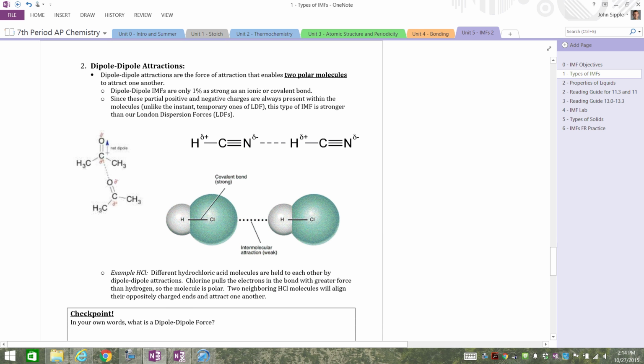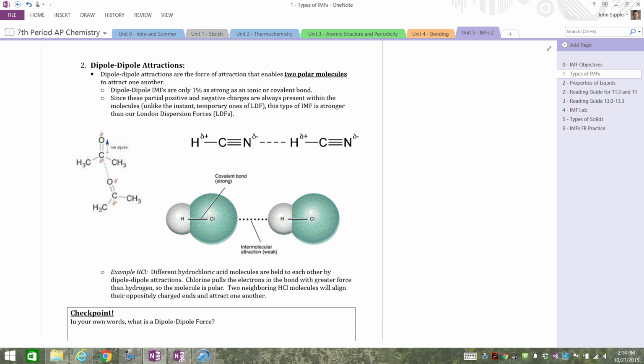Okay, next strongest intermolecular force. Dipole. This is between polar molecules. Got to be polar. Not very strong, but these are permanent dipoles.